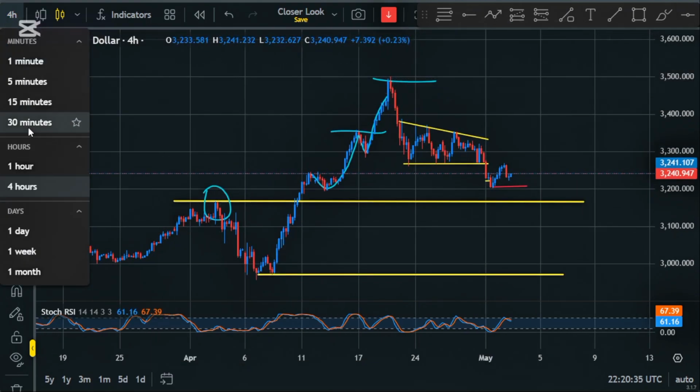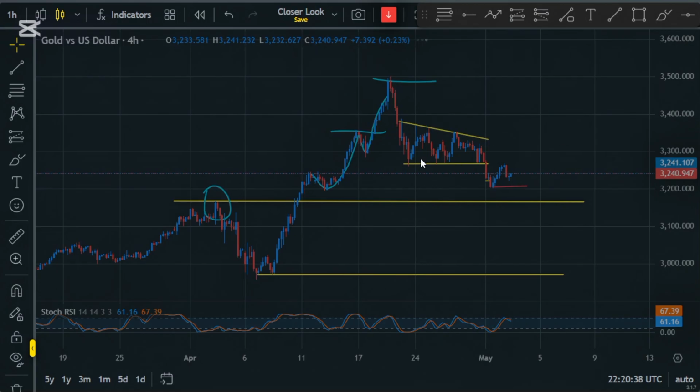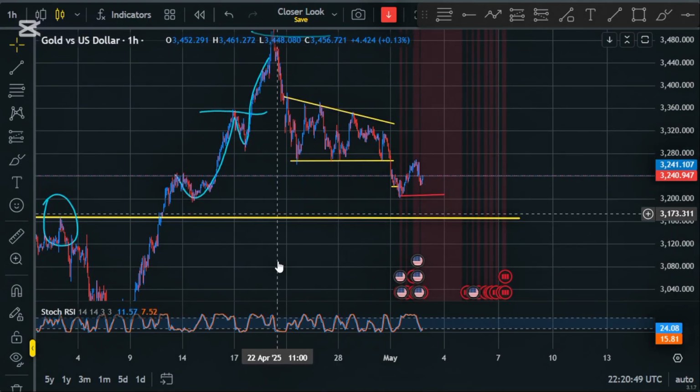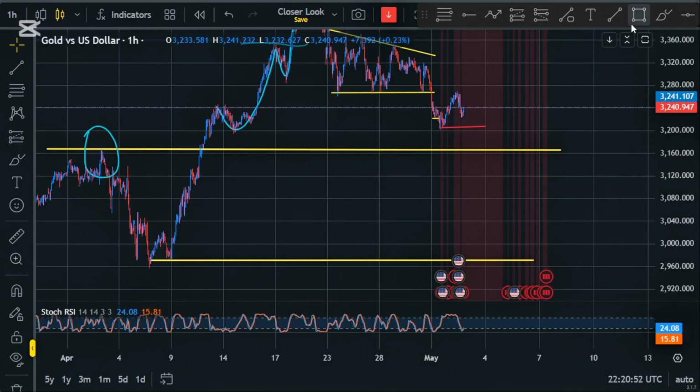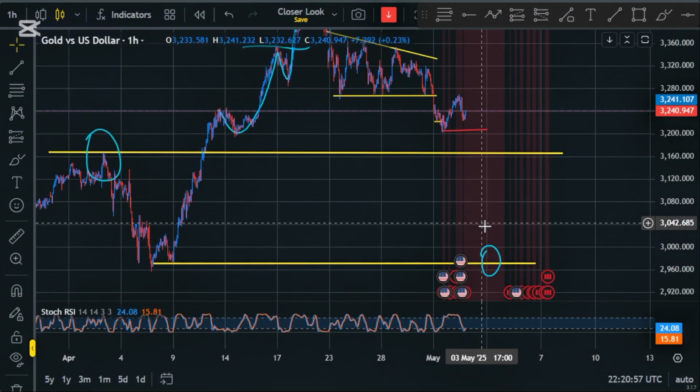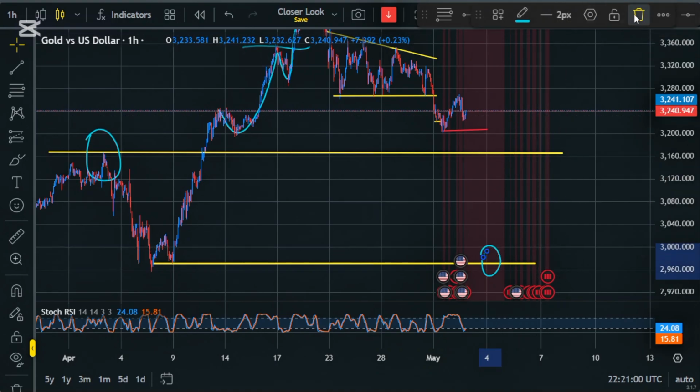Let's go to the 1 hour time and see what we've got. So I'm not expecting gold to break to the downside. I'm not expecting gold to come to this region, and I will tell you why.